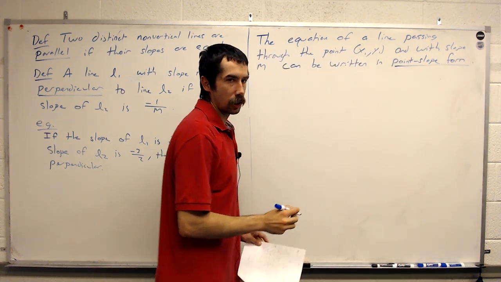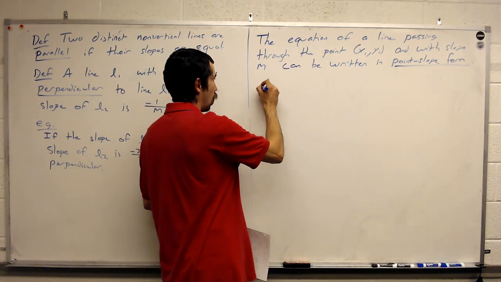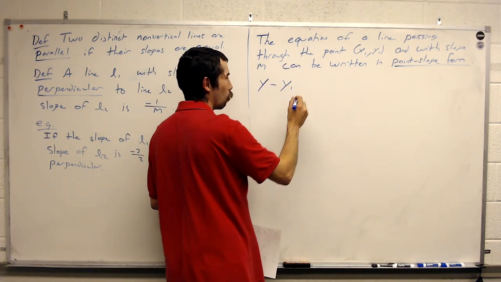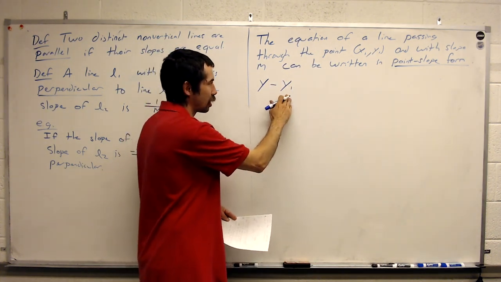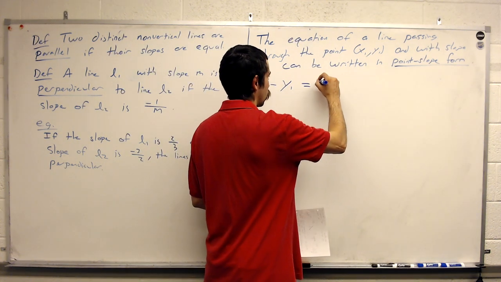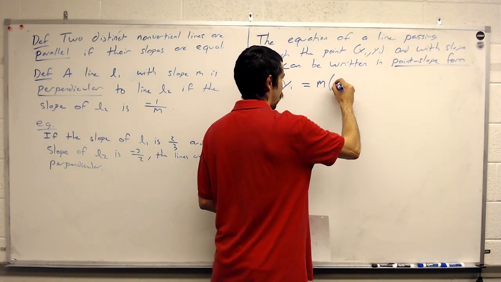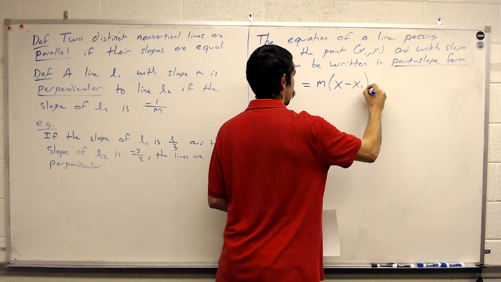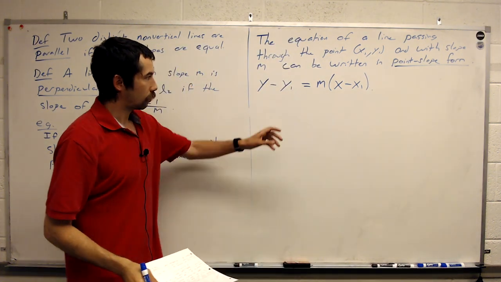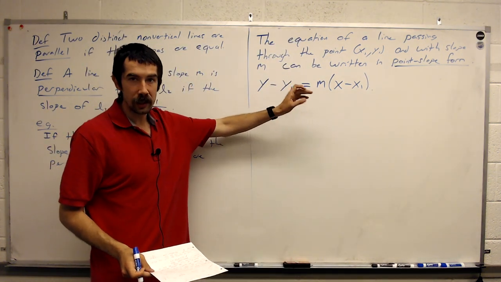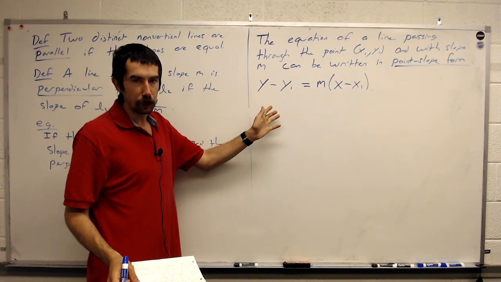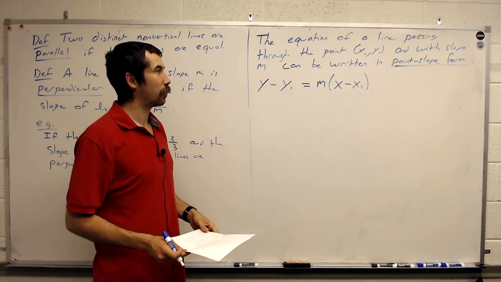All right, what is point-slope form? It says y minus y1. So y1 is just going to be a number. So y minus some number is equal to our slope times x minus x1. So if we have a point and a slope, might as well use point-slope form. It comes immediately from those 2 bits of information.